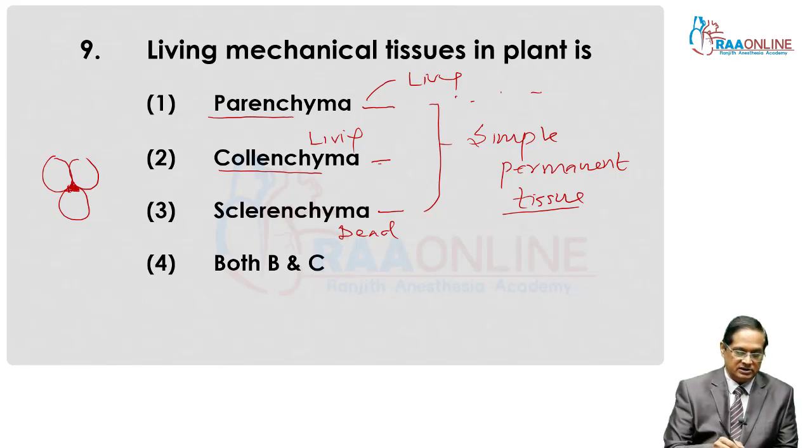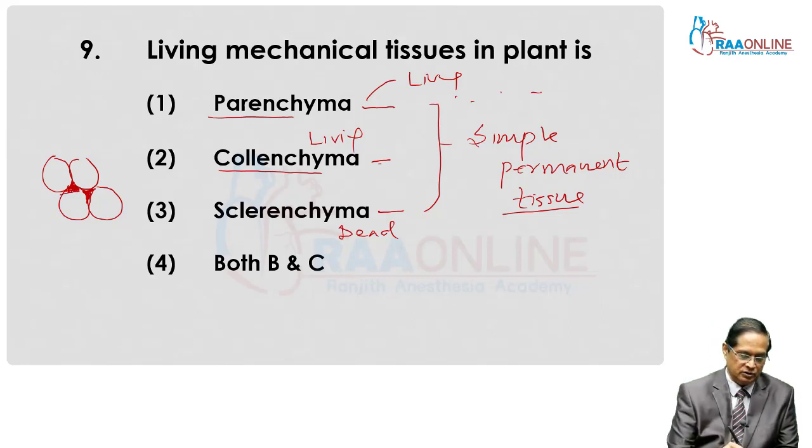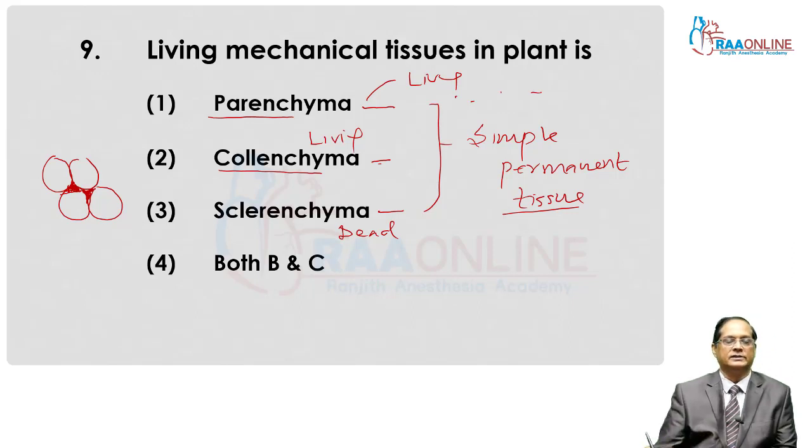So thickening is seen in the corner areas, and that thickening is of pectin and cellulose. They are almost like parenchyma except for the presence of thickening in the corners.